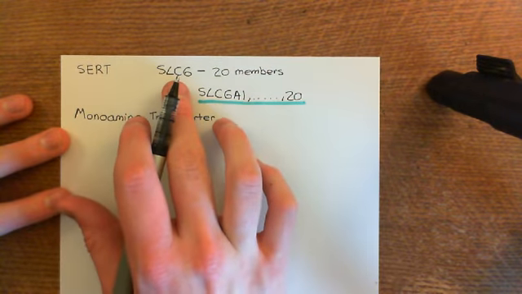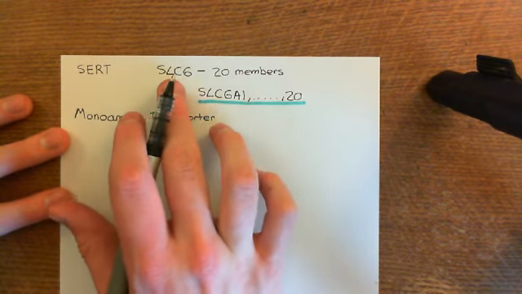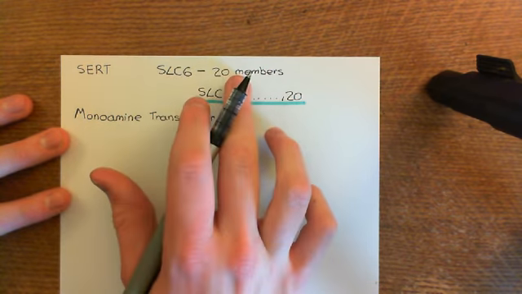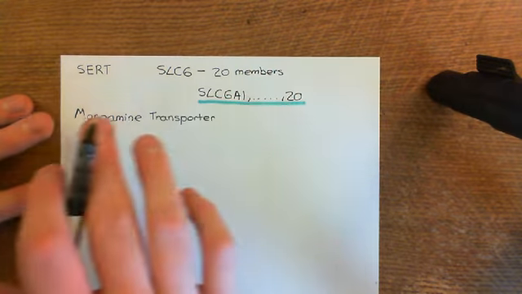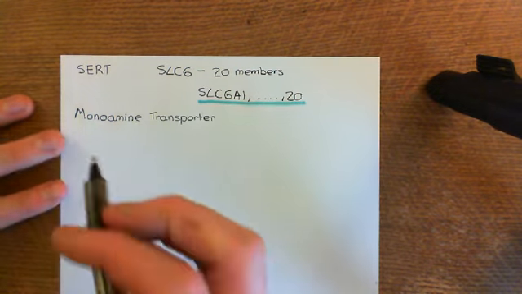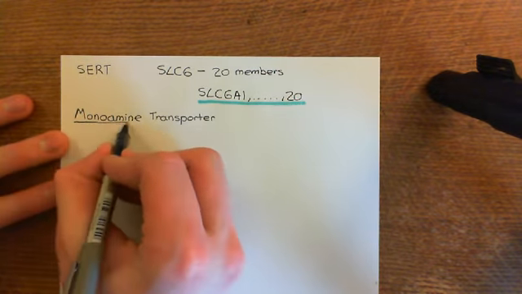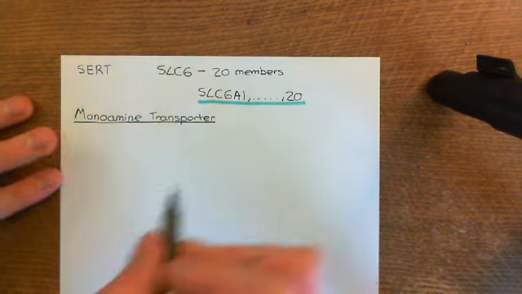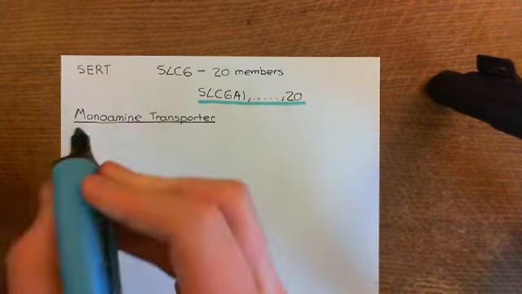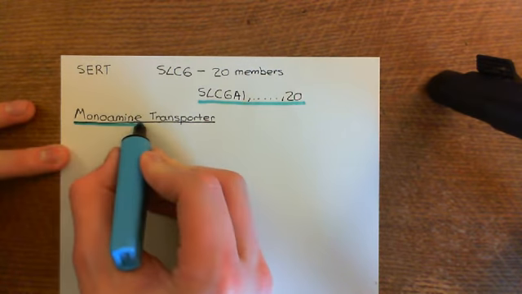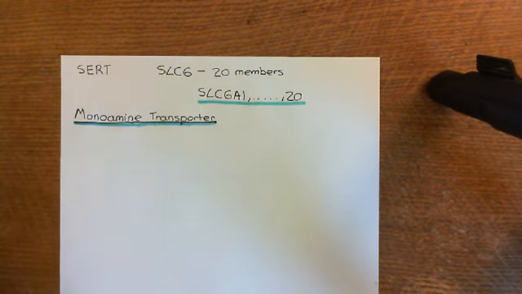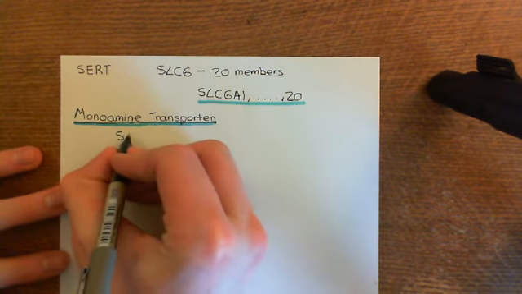Within that massive superfamily, there is a family known as the SLC6 family of transporters. In that family there's 20 members, and we're now dividing this family up even further into subfamilies, and one of the subfamilies that contains 3 members is the monoamine transporters. Obviously we're going to be interested in these, and SERT is going to be one of these monoamine transporters.